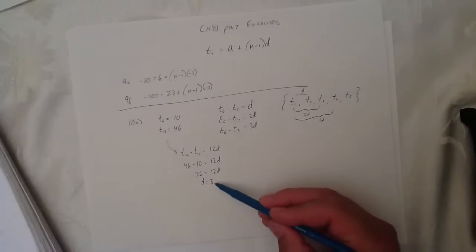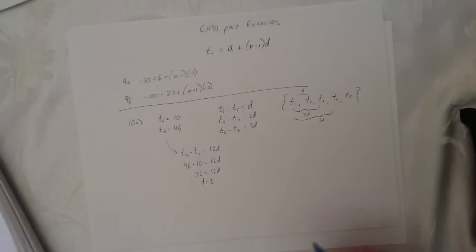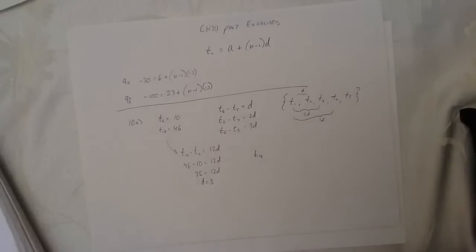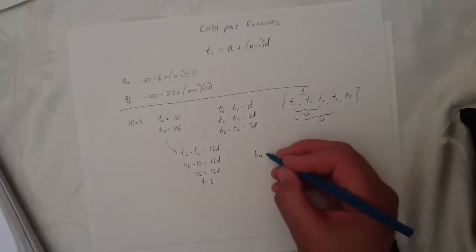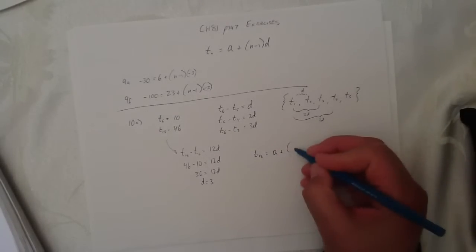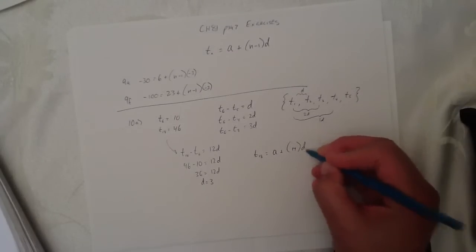And if we know what d is, it's going to be relatively simple for us to find the first term in the arithmetic sequence. So T18, let's pretend T18 is the last term of the sequence, will equal the first term plus n minus 1, or 17, which is 18 minus 1, times d.